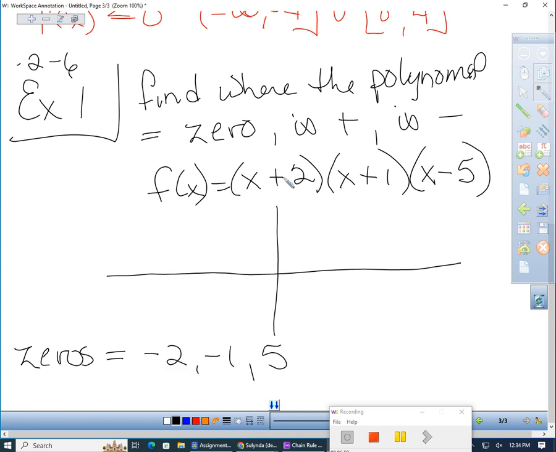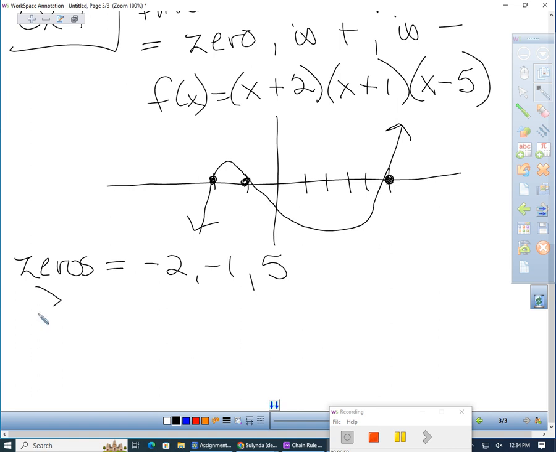Good. So I'm going to mark those on my graph. I have -2, -1, and 1, 2, 3, 4, 5. So it's going to look something like this, right? Now I need to know, where is it greater than 0? In this section right here, so it's from -2 to -1.